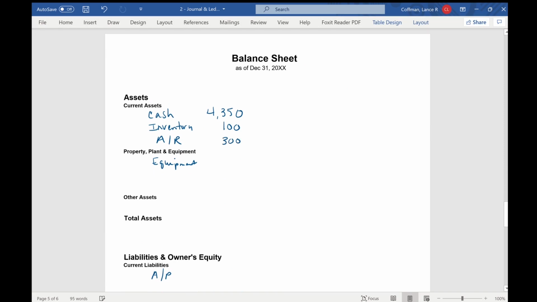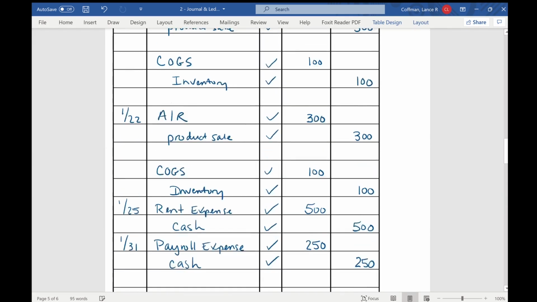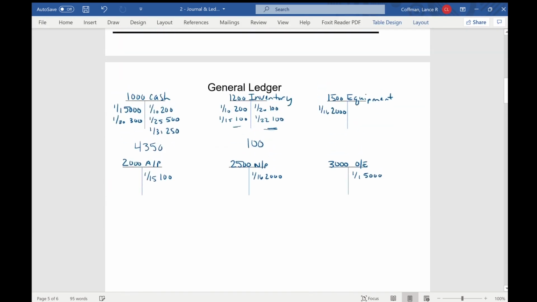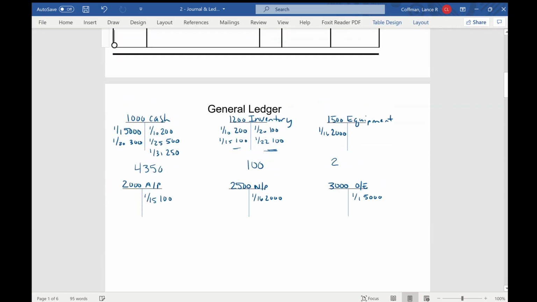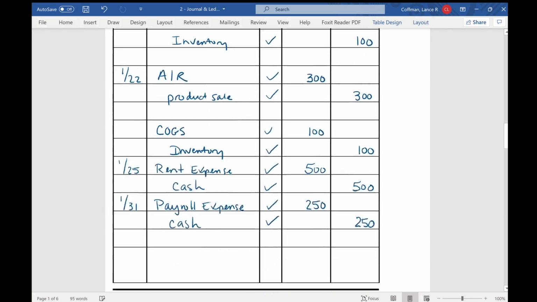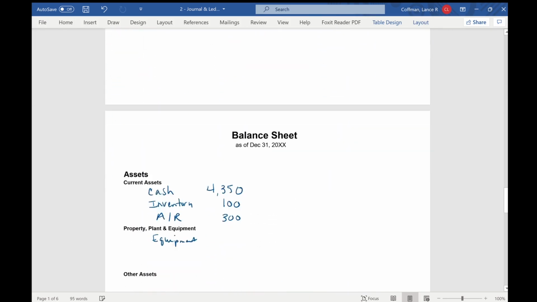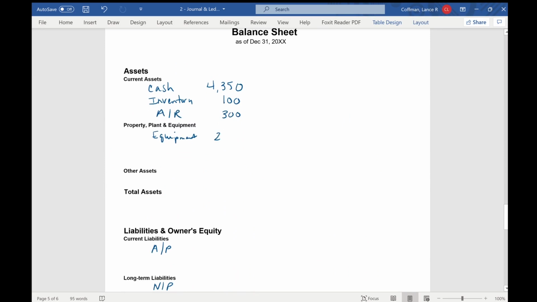to the accounts receivable. We know that the business owner purchased equipment, and that's $2,000, so we're going to carry that down to the balance sheet. $2,000.